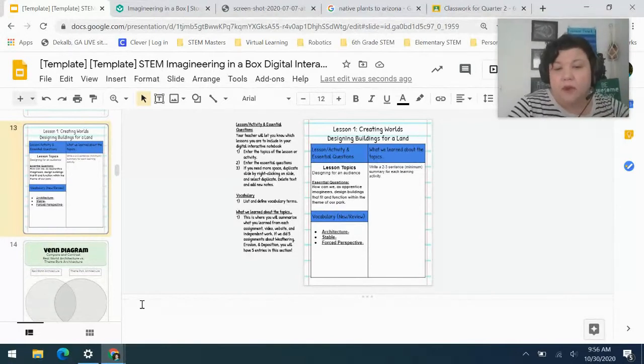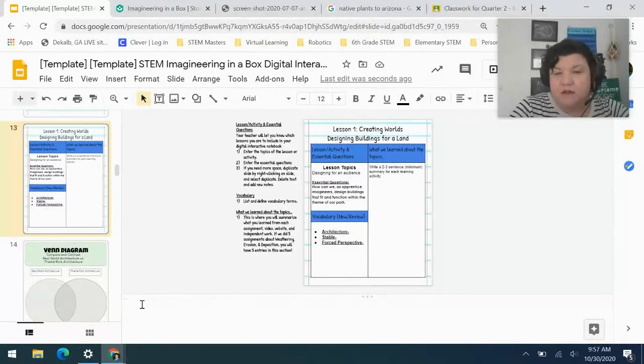This whole unit asks: what's the difference between a theme park architect and a real world architect, somebody who designs a house or an office building or something like that?